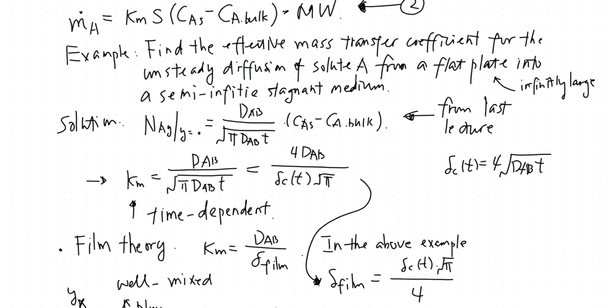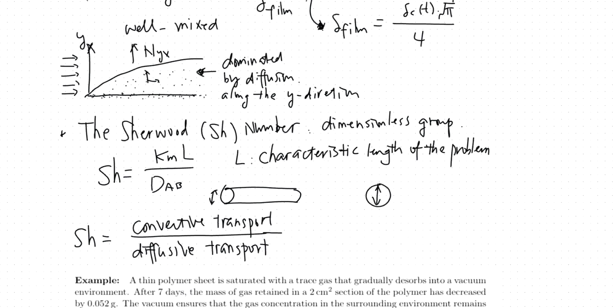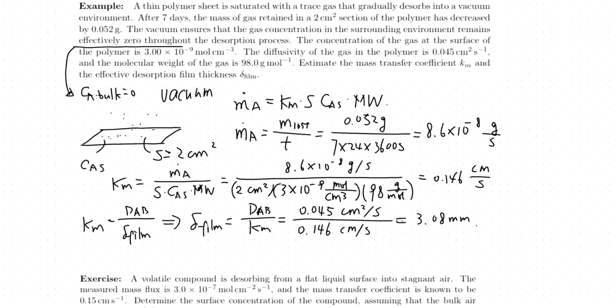For that particular problem you can derive your km and delta in this particular way, but it doesn't mean this particular equation is applicable to any other scenarios. All right. That's all for this lecture.